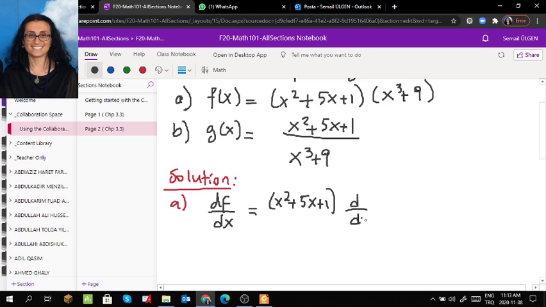Plus, take the derivative of the first and times it with the second one. Keep the second one as it is.